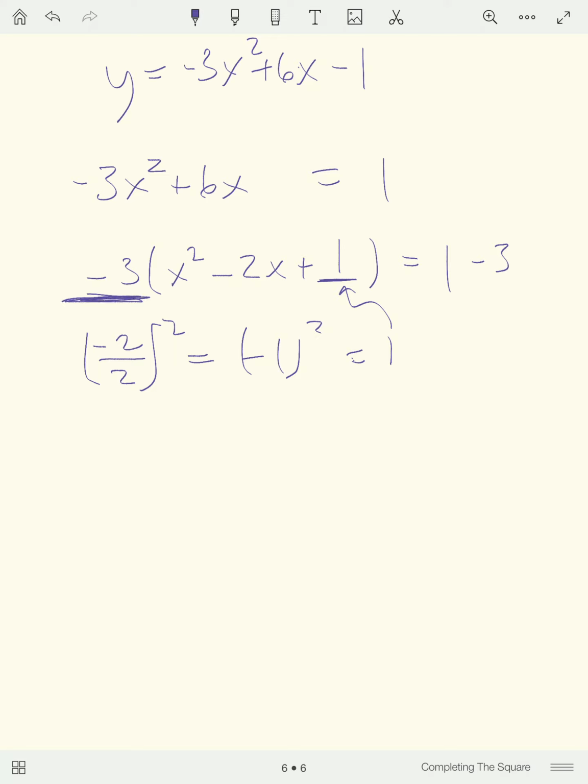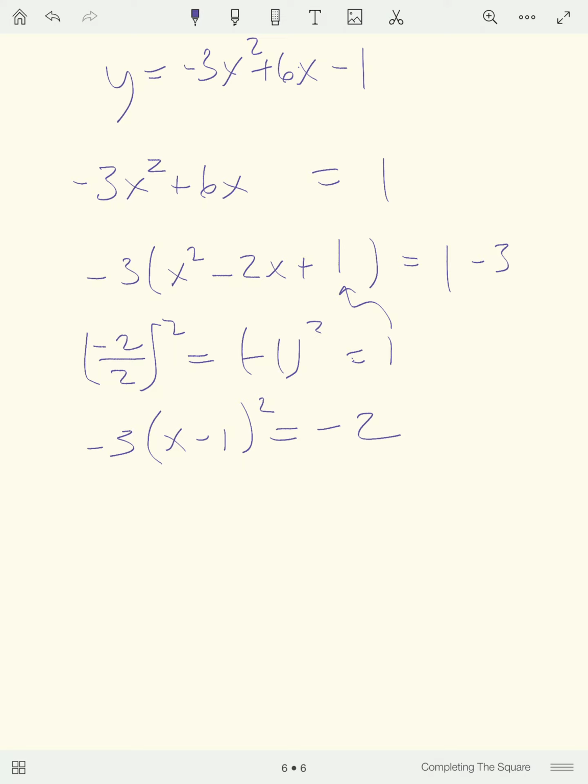So just keep that in mind, okay? All right, so let's rewrite. We've got -3. Remember that this guy here is going to become our squared term. So that's going to be x minus 1 squared. And that's going to equal 1 minus 3, which is -2.